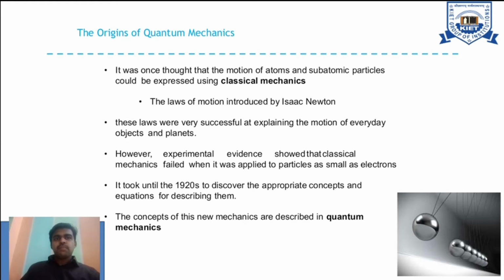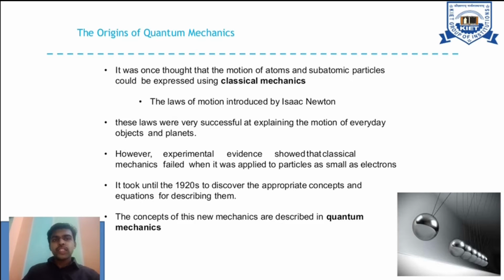First of all, before going into the quantum theory in detail, let's consider the origins of quantum mechanics. First thing, origins. Once upon a time, the motion of atoms, from the chemistry concepts, and subatomic particles could be expressed using classical mechanics, the laws of motion introduced by Isaac Newton. These are all basic scientific principles. How are we going to relate these origins to quantum mechanics?